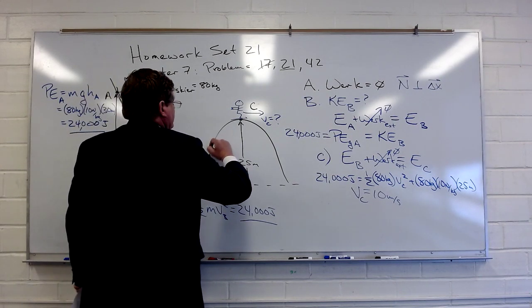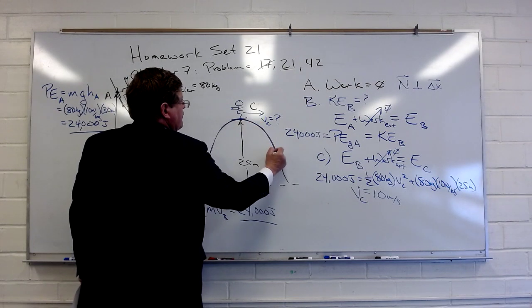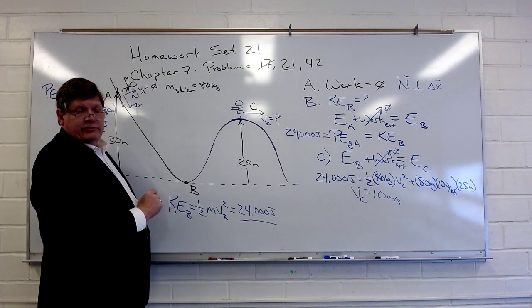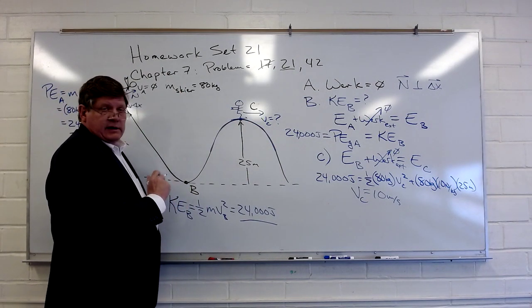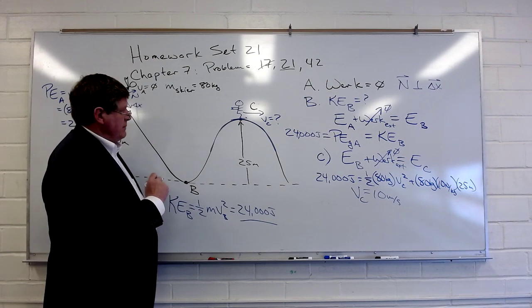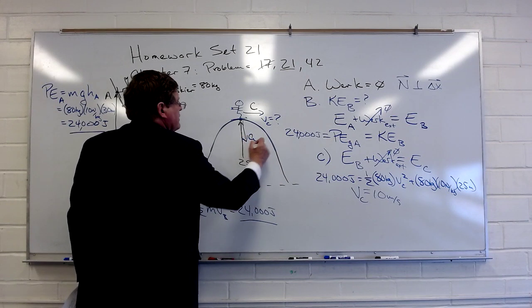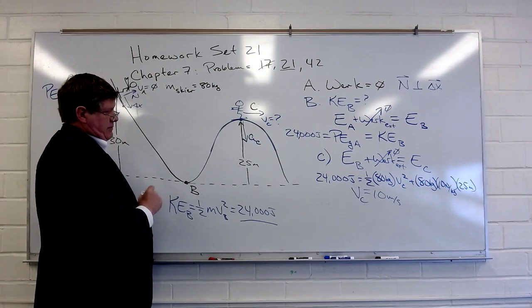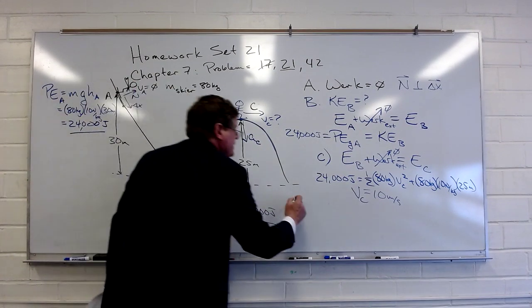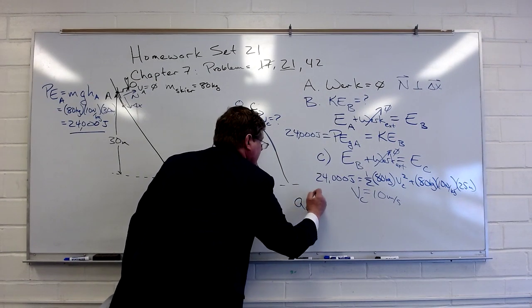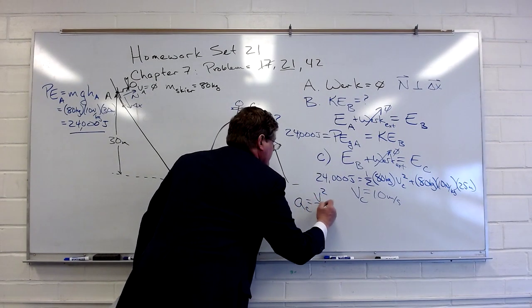But she is turning because she's on a curved path. And so whenever you're going on a curve and you're not speeding up and you're not slowing down, you have that centripetal acceleration. And you remember the formula for centripetal acceleration is v squared over r.